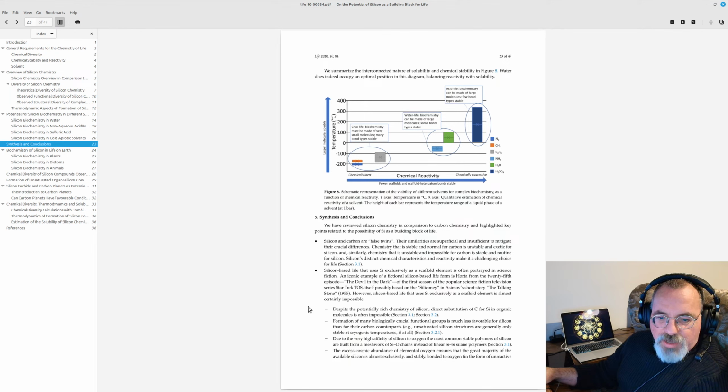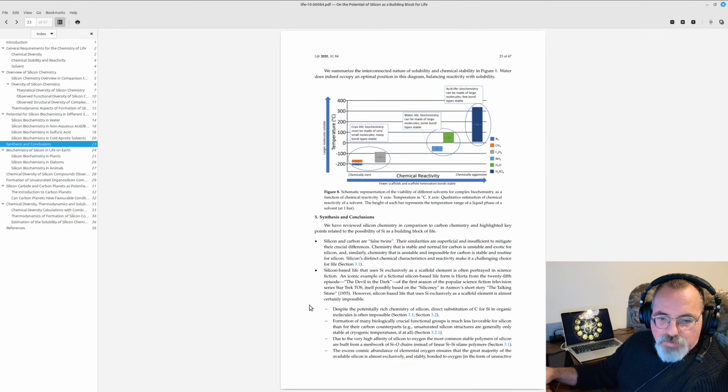Due to the very high affinity of silicon to oxygen, the most common stable polymers of silicon are built from a meshwork of silicon-oxygen chains instead of linear silicon-silicon silane polymers.